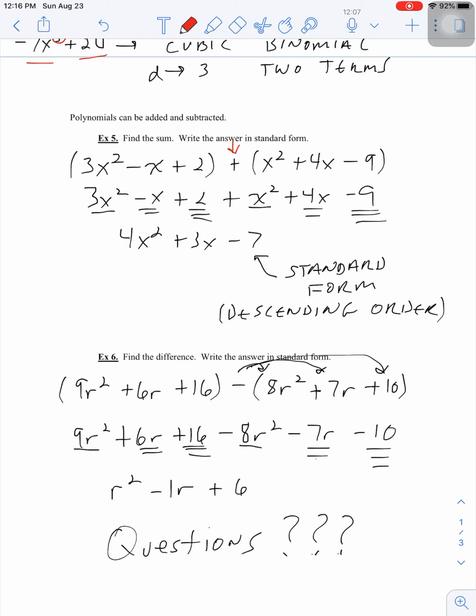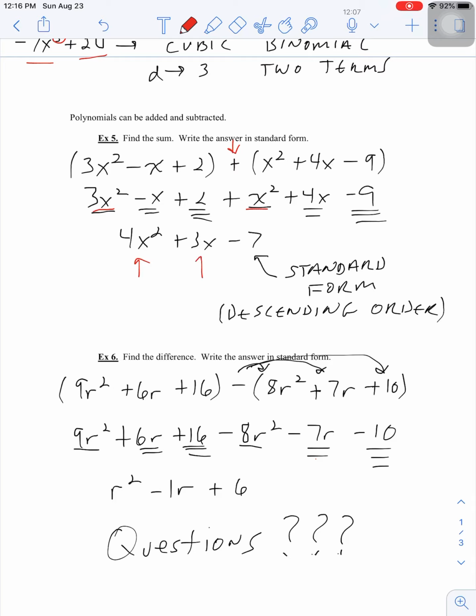Now what I would recommend doing is I use the underline method, and I start with the highest exponent. So if you kind of notice, I started off with 3x squared plus x squared, which is going to give us 4x squared. And then negative x is the next highest power, plus 4x.